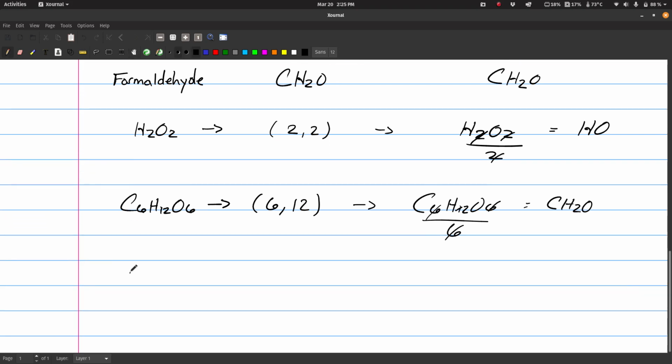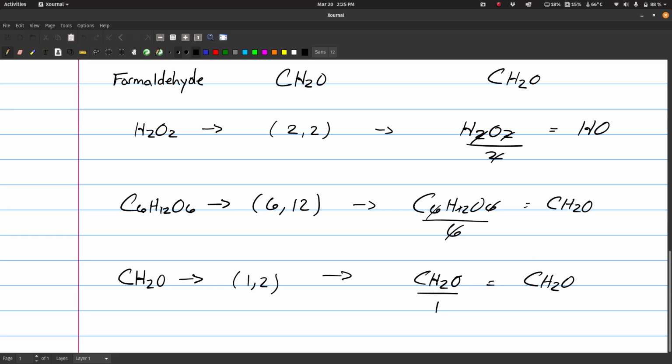And then last I have formaldehyde, and I have 1 and 2. 1's going to go into all of these numbers. 2 would not. It would give you halves, and it's got to be whole numbers for your empirical formula. So I have CH2O divided by 1, and that's going to give me CH2O.